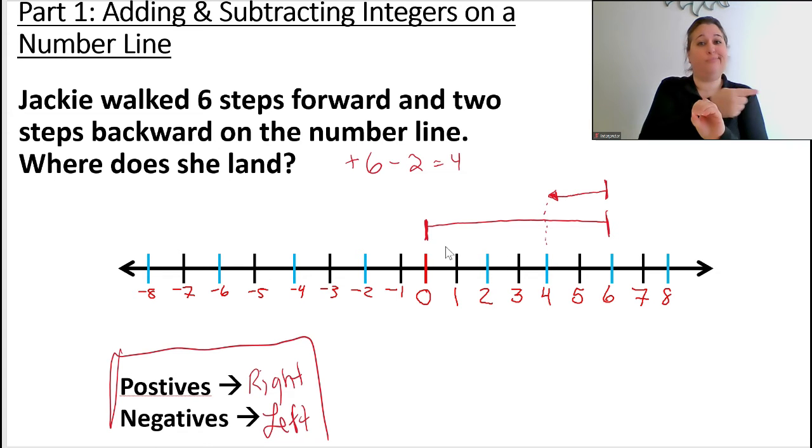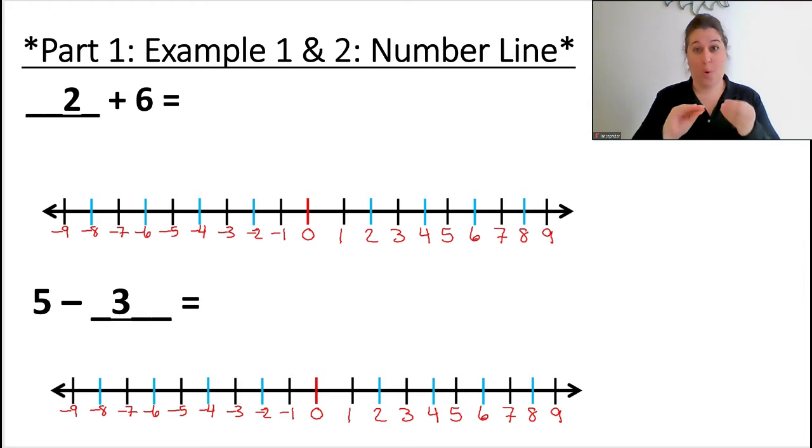So let's use this understanding for other numbers. Let's continue right here. It says 2 plus 6. Well, we know that 2 plus 6 is 8, but let's prove it on a number line. So we'll start at 0. We go over to 2. It's positive 2, so I'm going to go to the right.